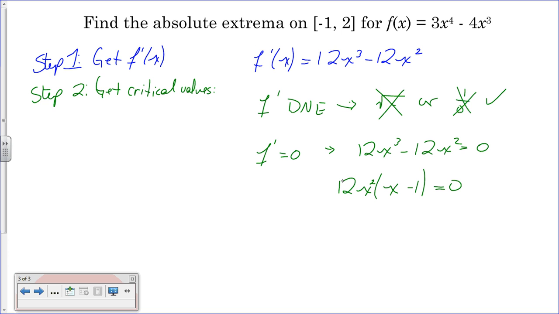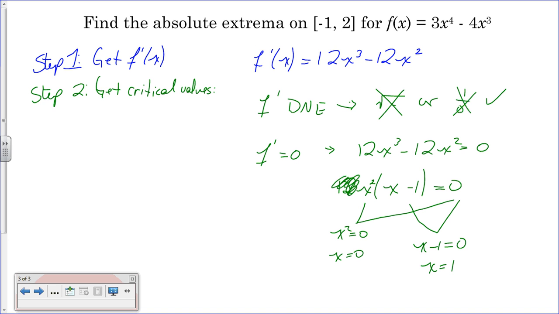For finding the extrema, this 12 is really useless. So what we have is x squared equals 0, so x simply equals 0. And over here, we have x minus 1 equals 0, so x equals 1.